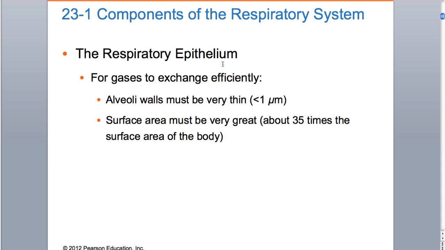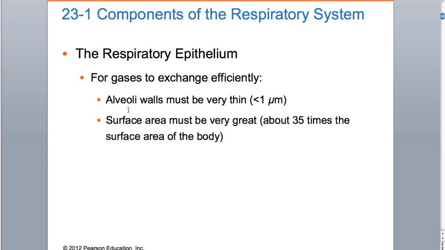Respiratory epithelium. Again, notice what words keep coming up: gas exchange. And these walls that we're speaking of for the alveoli are very thin. Why thin? Because remember, diffusion is best for short distances. Look what it says here. Surface area must be very great, about 35 times the surface of the body.